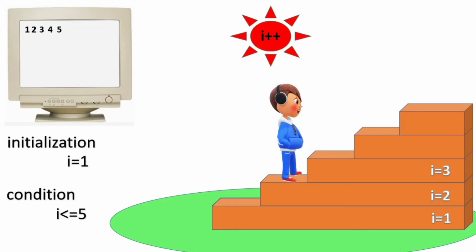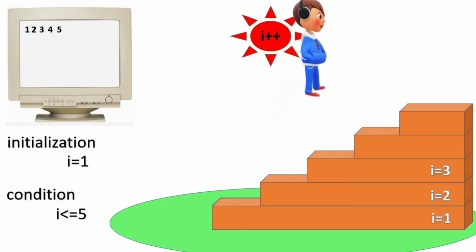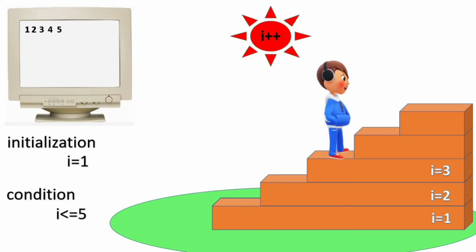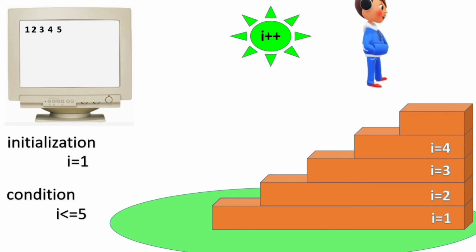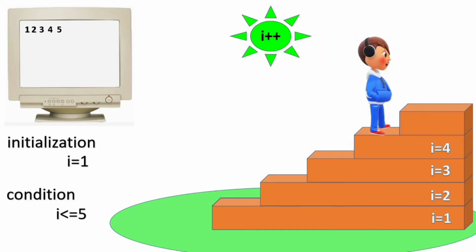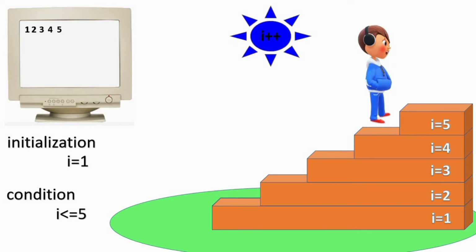I becomes 3. Again I will be incremented by 1. I becomes 4. Again I will be incremented by 1. I becomes 5.